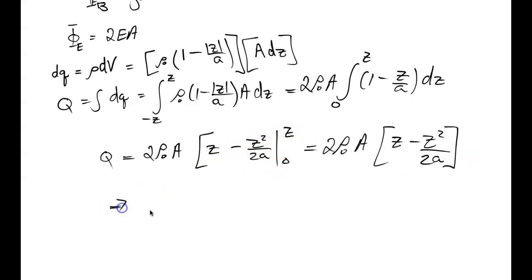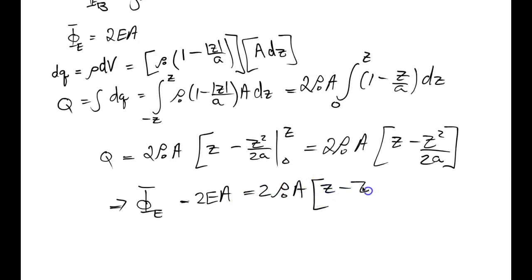So this means that phi, the electric flux, which is 2EA, is going to be the same as 2 rho naught A times z minus z squared over 2a. This is the Q enclosed over epsilon naught part.